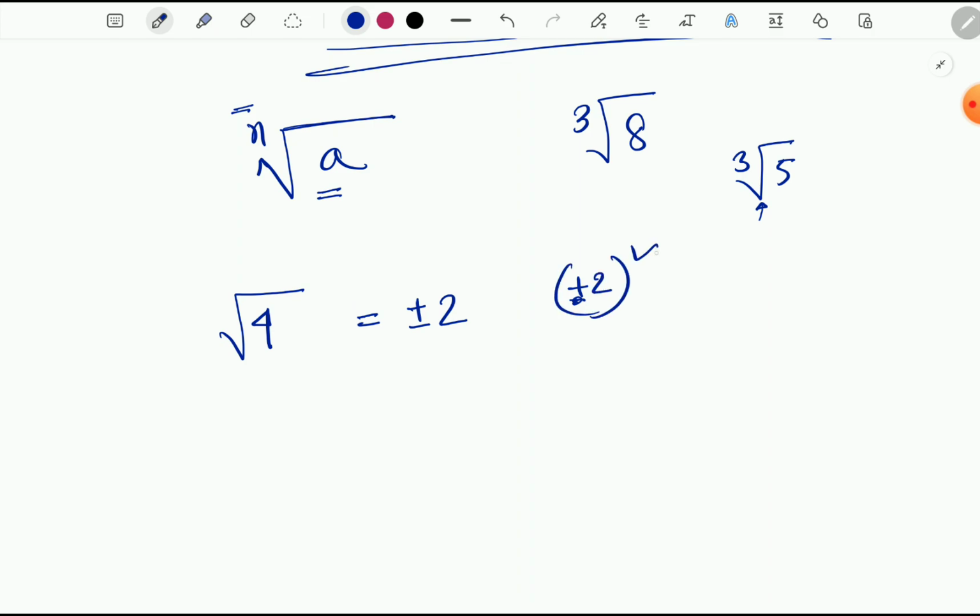Minus 2 whole square also will give us 4. So if we square root of 4, then we have to consider both situation, plus 2 and minus 2. Therefore, we cannot simply say 2.